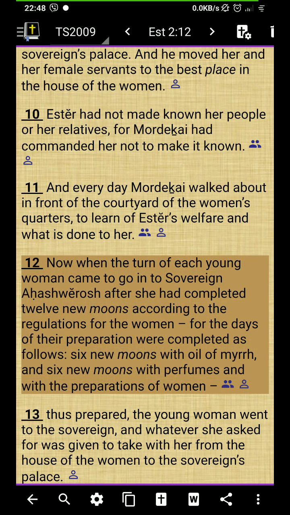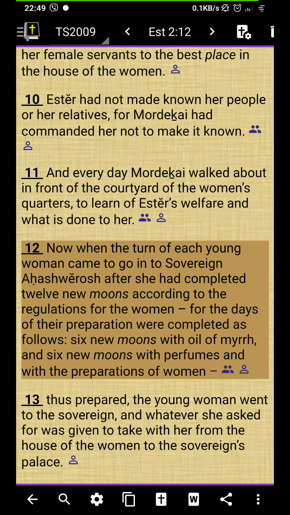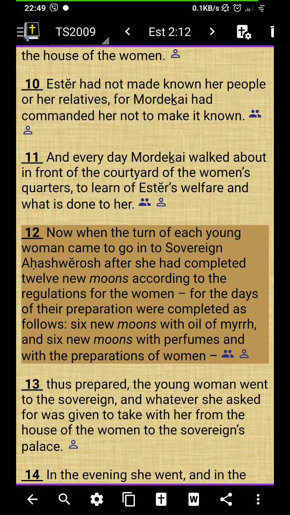It says, "Now when the turn of each young woman came to go into sovereign Ahasuerus after she had completed 12 new months, 12 months actually, not new moons, 12 months according to the regulations for the women, for the days of their preparation were completed as follows: 6 months with oil of myrrh, and 6 months with perfumes and with preparations of women."